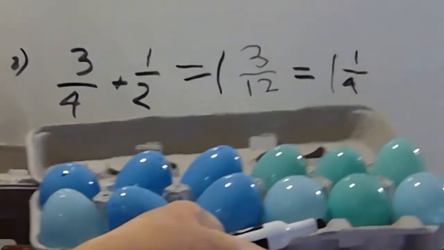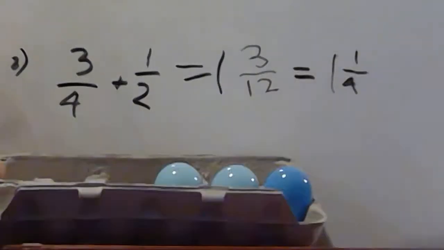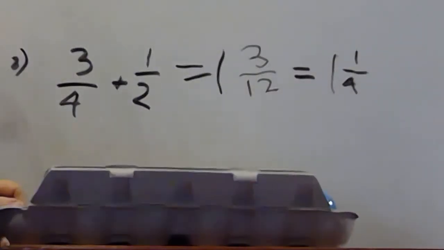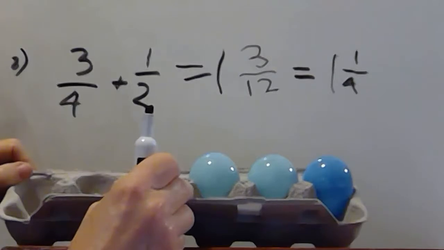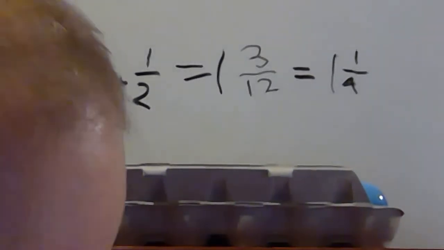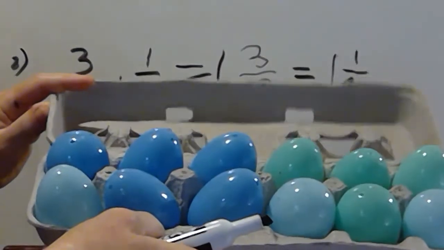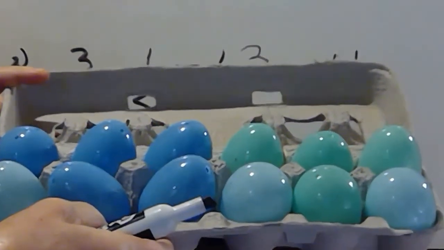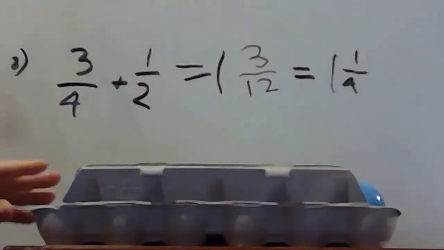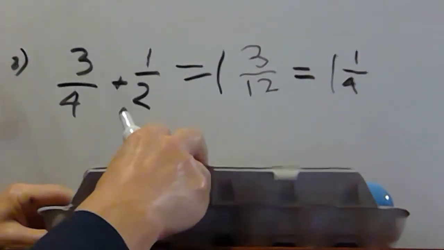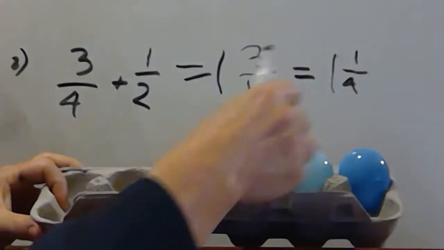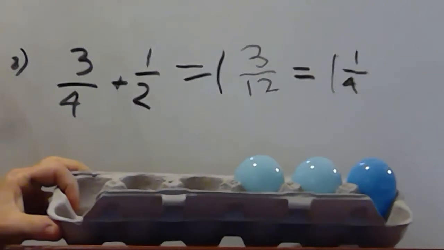So I have 1 whole egg carton filled, and only 1/4 of my second egg carton filled. So again, my first egg carton now is all filled with eggs. So I have a full dozen, and then my second egg carton is only 1/4 filled with eggs.